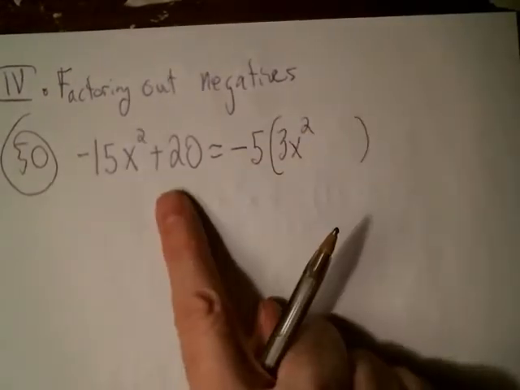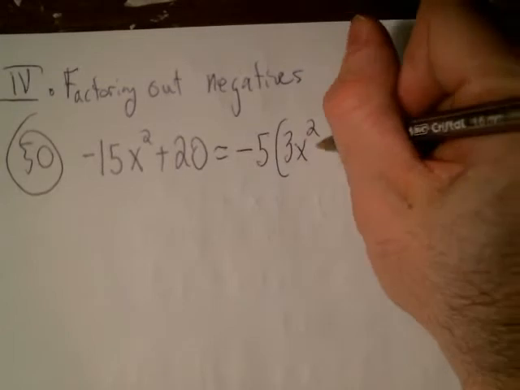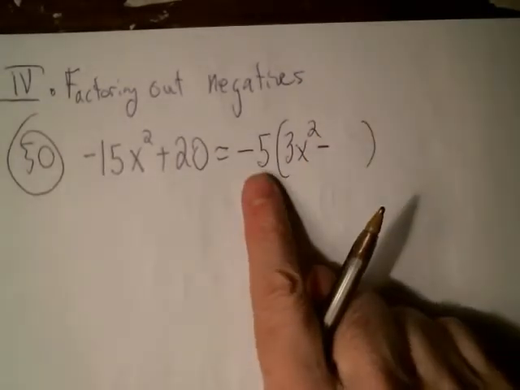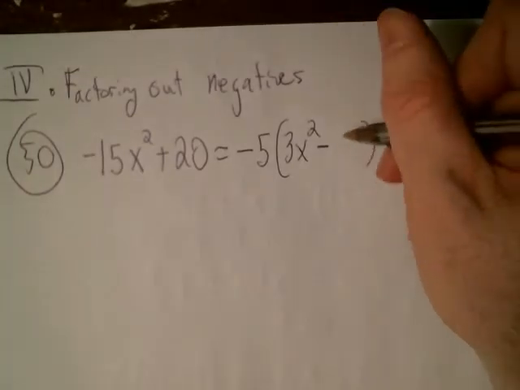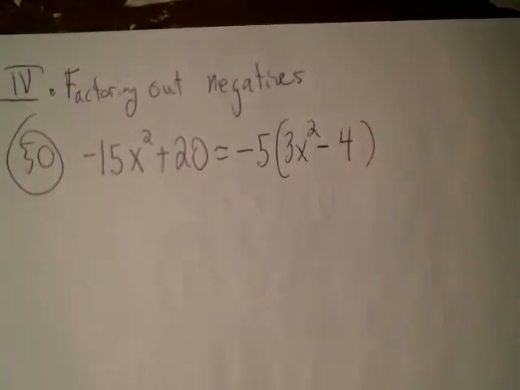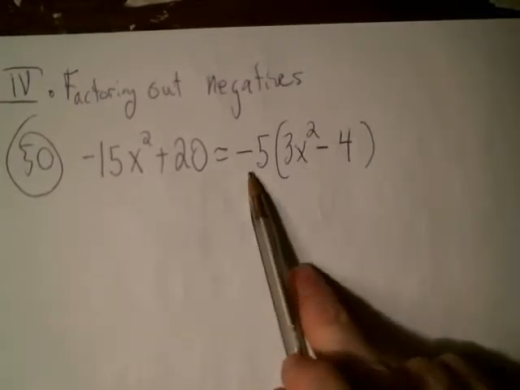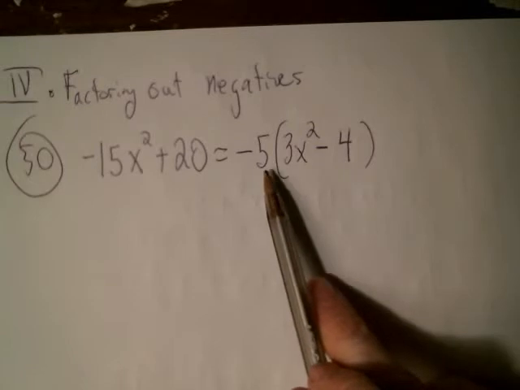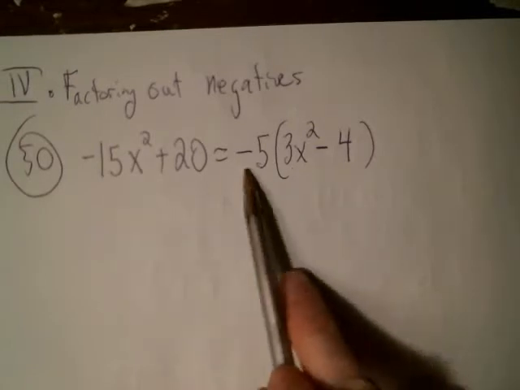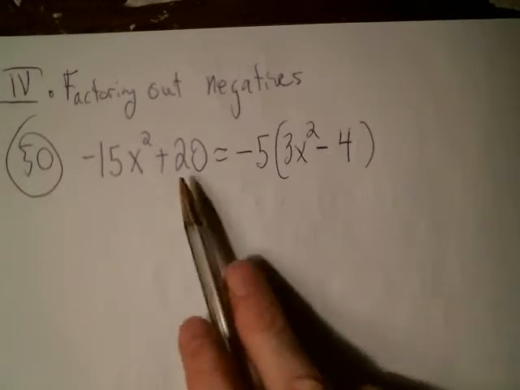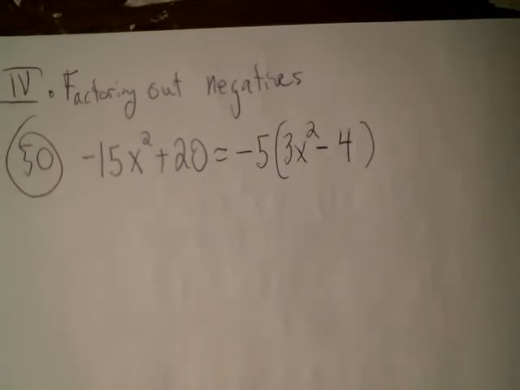Before this was positive, now it's going to be negative because I pulled this negative out of both terms. So I'll have negative 4, and then you probably want to check it. When you're first starting, it's not a bad idea to check it in your head. Negative 5 times 3x squared is negative 15x squared. So we should get back to here. Negative 5 times negative 4 is positive 20.